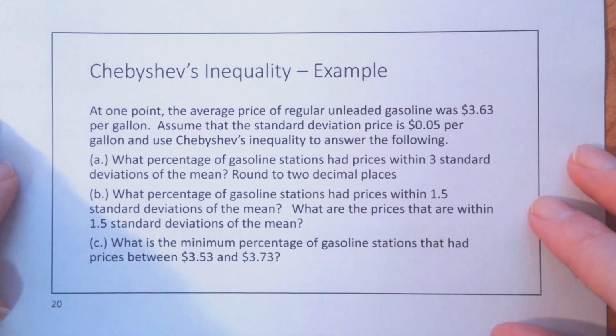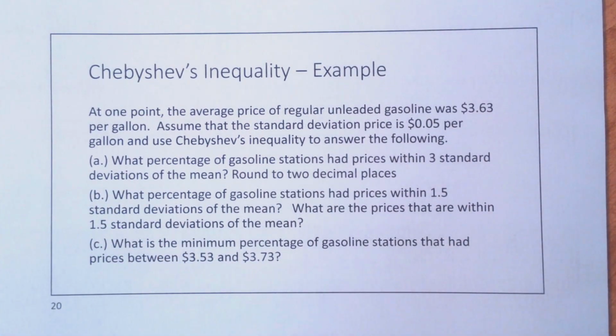So here's an example. It says at one point the average price of regular unleaded gasoline was $3.63 per gallon. Assume that the standard deviation price is 5 cents per gallon and use Chebyshev's inequality to answer the following. Alright, so I'm going to go ahead and switch to a different paper and we're going to do all our work on there.